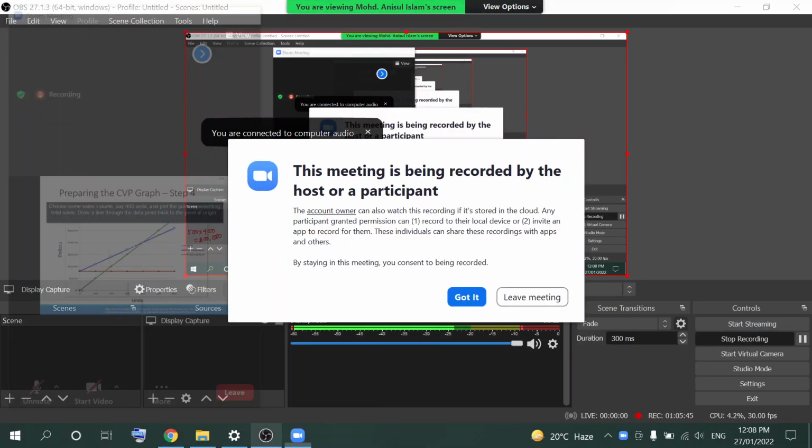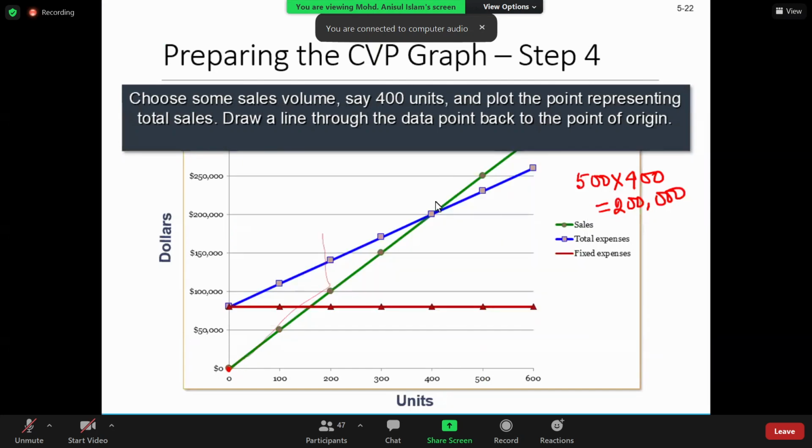And for 400 units, we have 200 sales value.